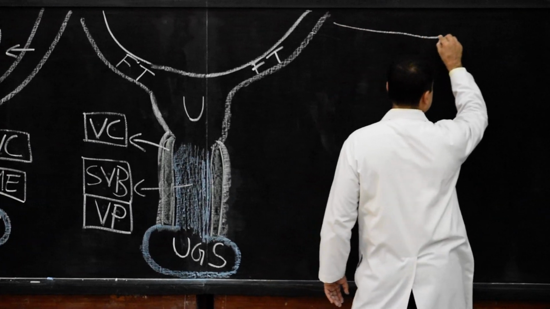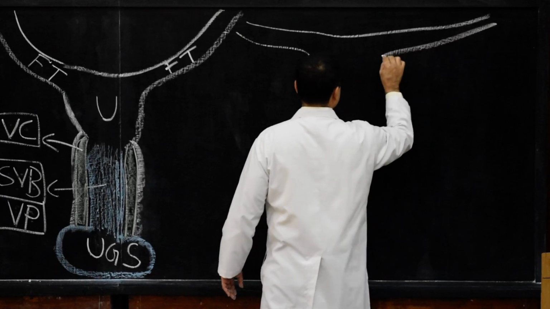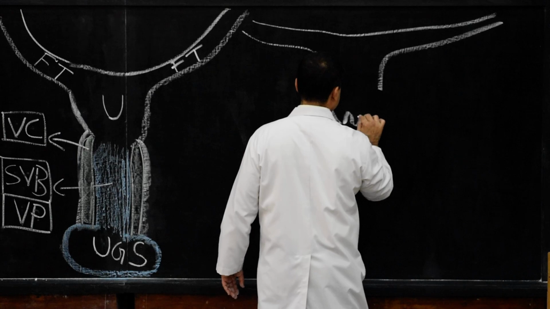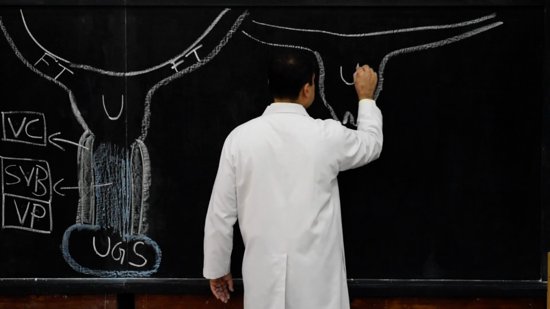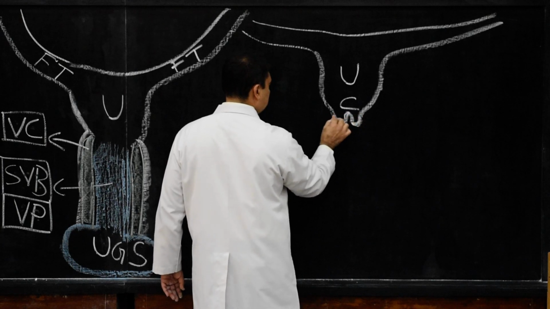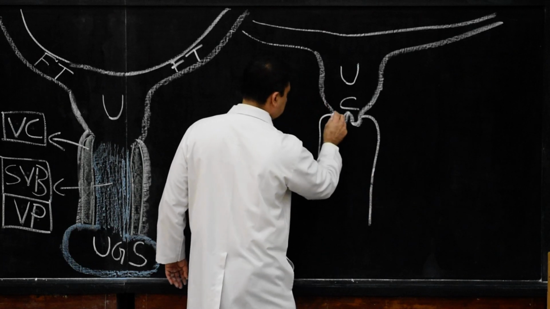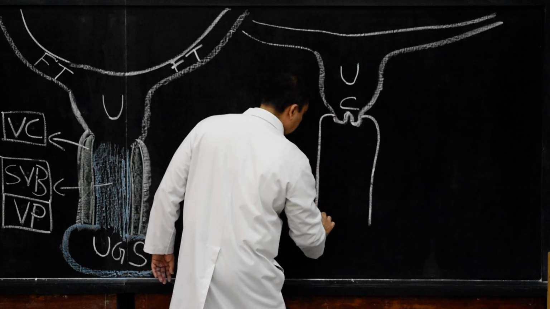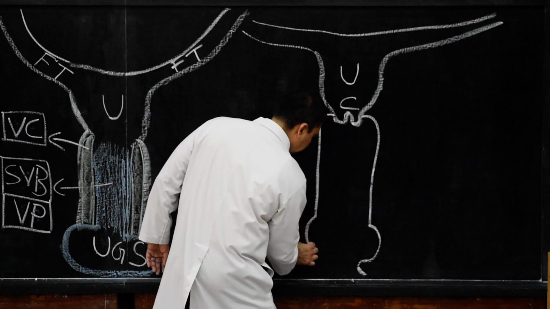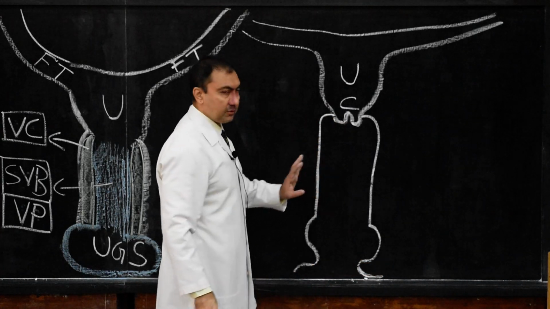Once again, this is the upper part of the uterus, and let us draw the cervix over here, and then we show this structure as the vagina. This will be the vagina, and over here the urogenital sinus and the exterior, and then we go towards the exterior. In this way we have to draw.